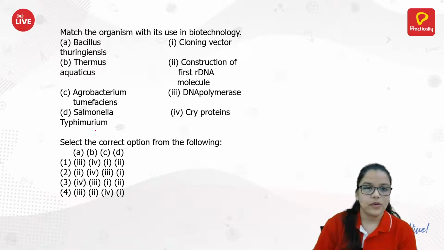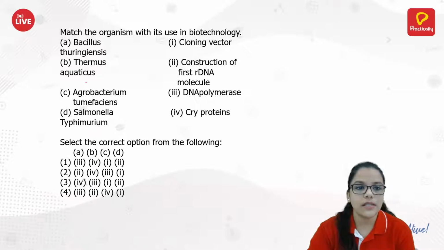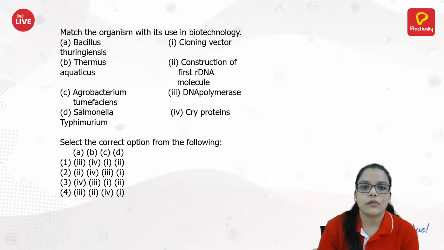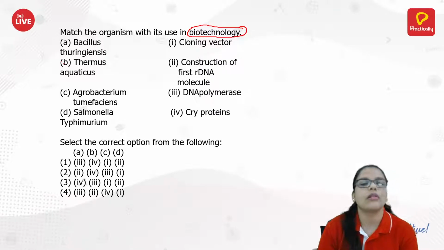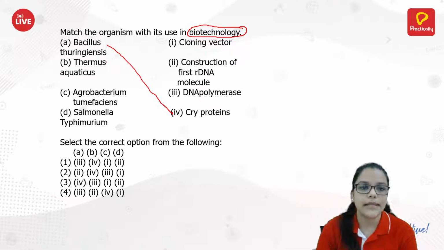Okay. So, Bacillus thuringiensis, Thermus aquaticus, Agrobacterium tumefaciens, and Salmonella typhimurium. This is biotechnology. These are kinds of vectors, or their chemicals are used for different purposes, and we'll see. Bacillus thuringiensis, the first one, has Cry proteins which help in eradicating pests.